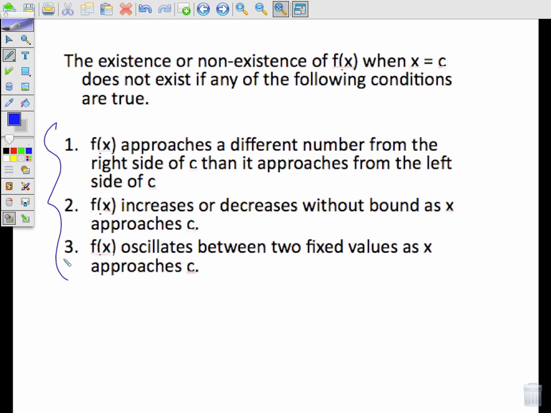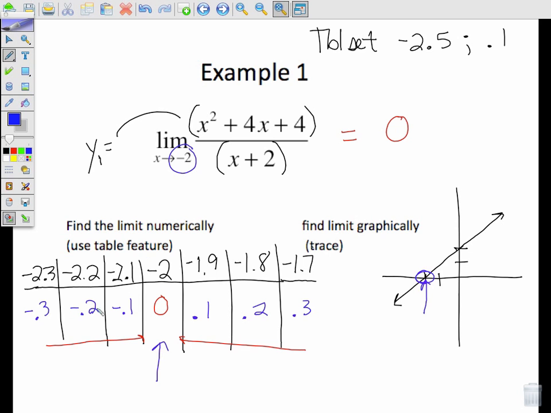The first one, go ahead and put these into your limits that fail to exist. So the limit does not exist in the following conditions. f of x approaches a different number from the right side than it does from the left side. So in an example like this, we would have found different numbers coming from the left and from the right. So that's when the limit does not exist.